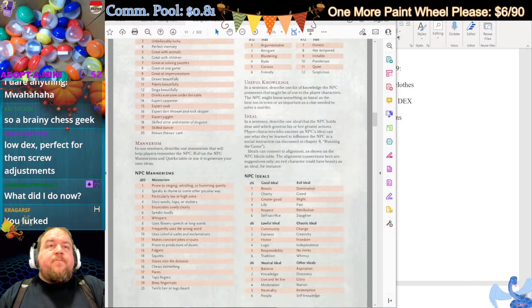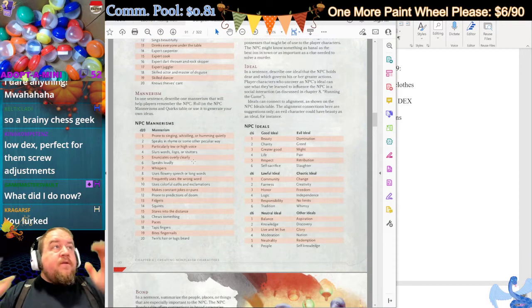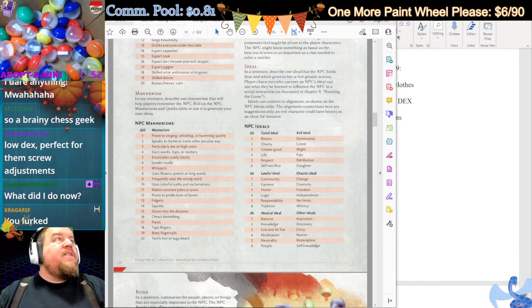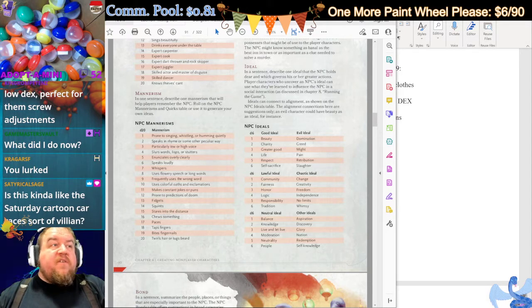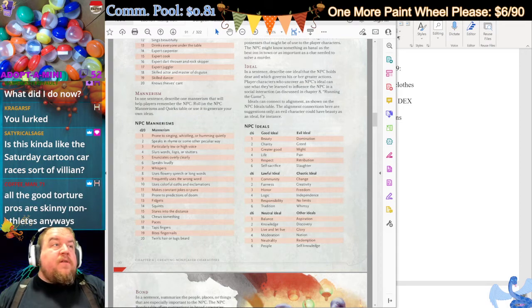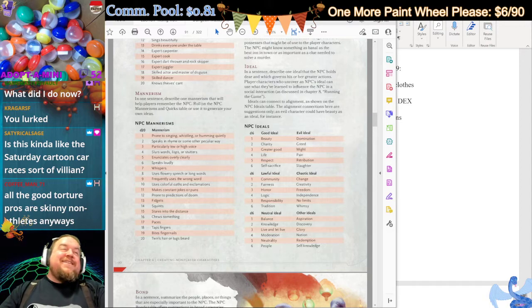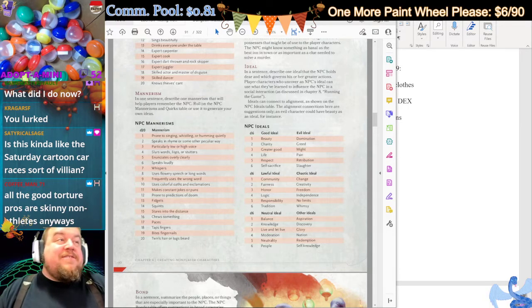Okay. What kind of a mannerism does our villain have? And can I get Rip Artist to also give me a D20 roll? Is this kind of like a Saturday cartoon car races sort of villain? Well, I don't know. We're going to find out, Satirical.